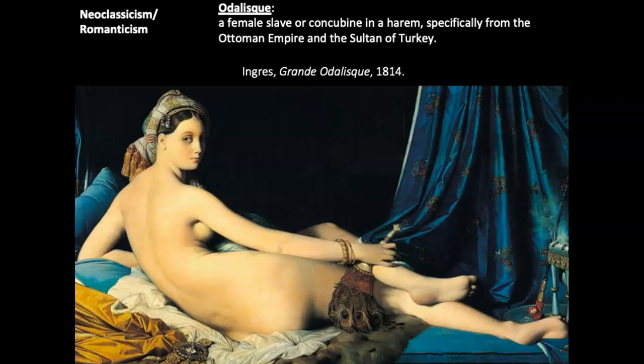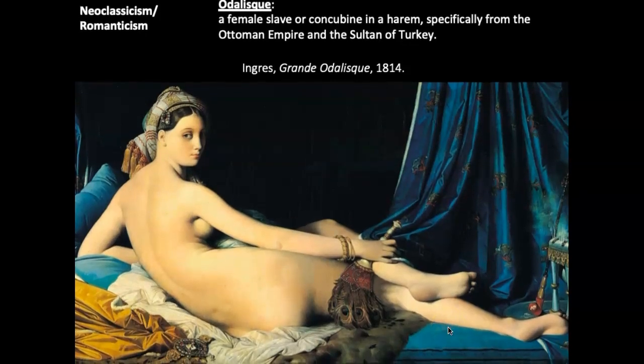This French term originates from the Turkish word, and we get odalisque for this Turkish harem occupant. We see her laying on a large cushion, and her posture is one that is not new to European art.